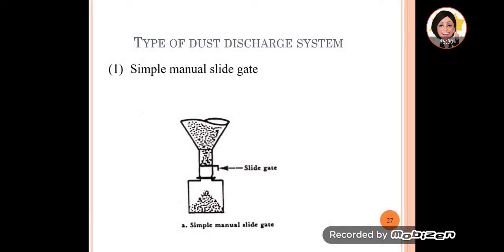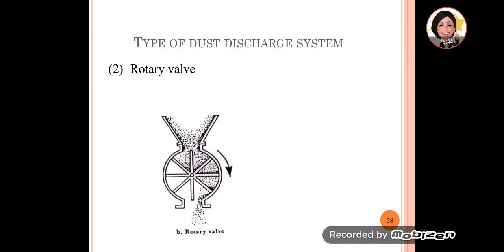Okay, and then there are also different types of discharge systems, the dipleg that we were talking about. It can just be a simple manual gate, where if you slide this gate out, then it just drops to the collector. It can be a rotary valve, so this can be a continuous discharge system.